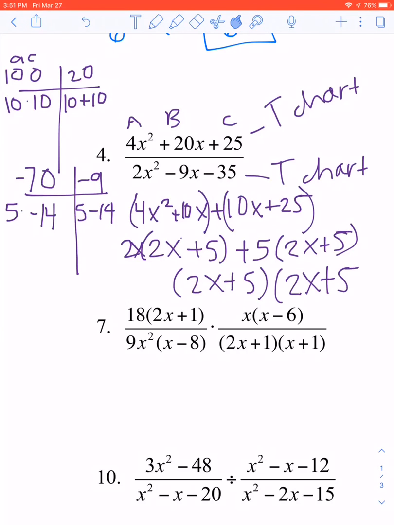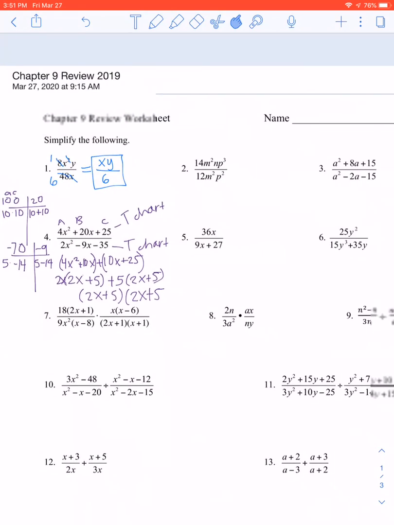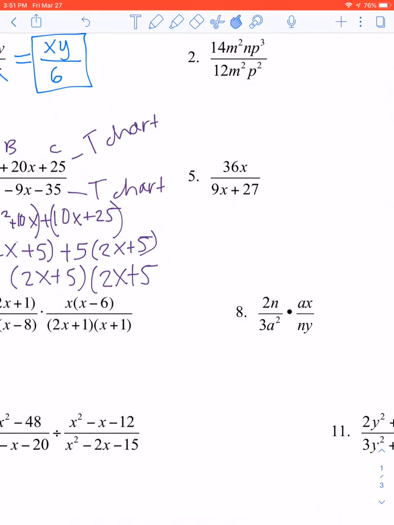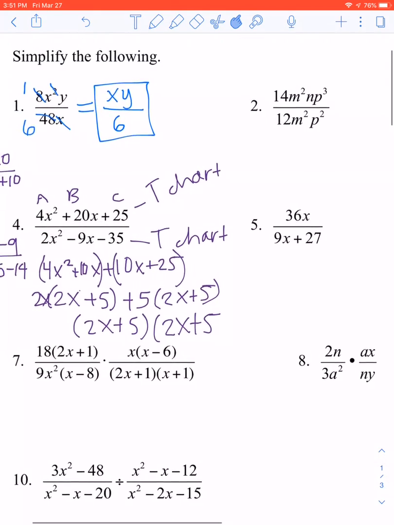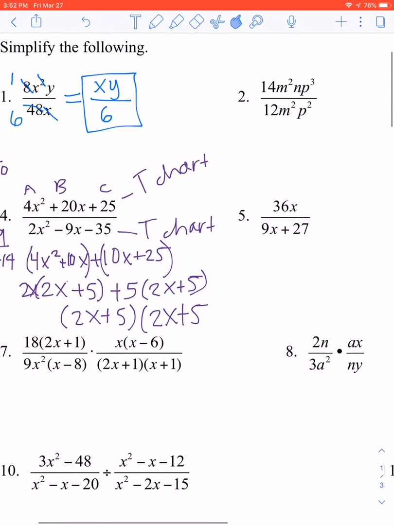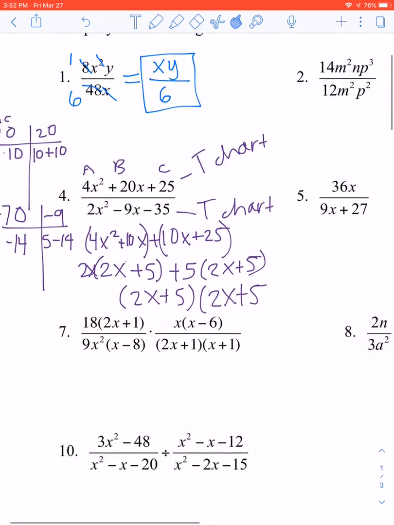Now, see, this is what I was talking about. I need a lot of room for this one. You guys might want to start working on a separate sheet of paper because all of these are going to take a lot of room. Over here, we're going to do the bottom fraction. Remember our T-chart, 5 and negative 14.